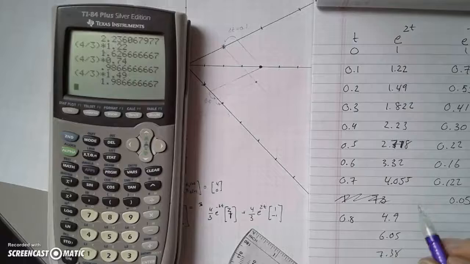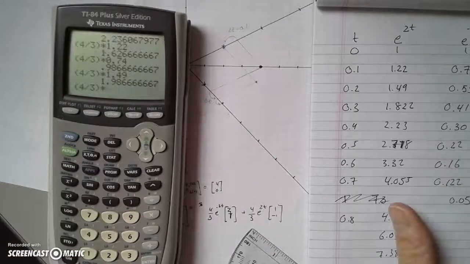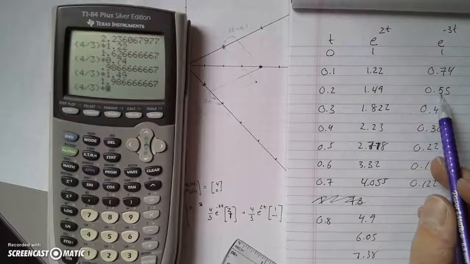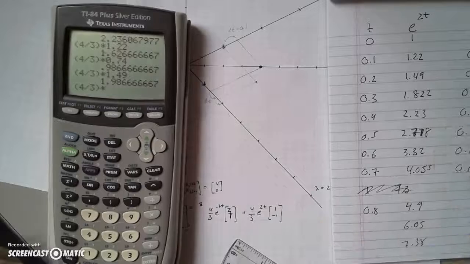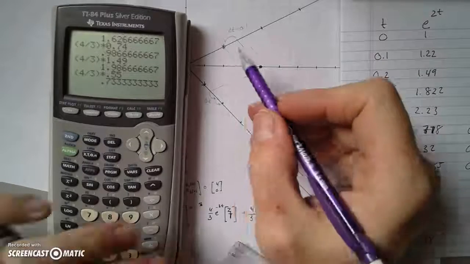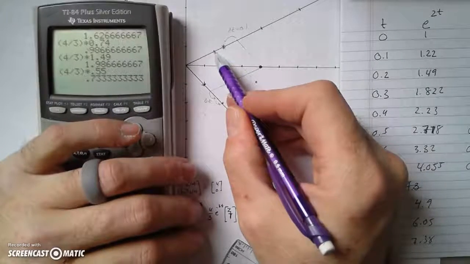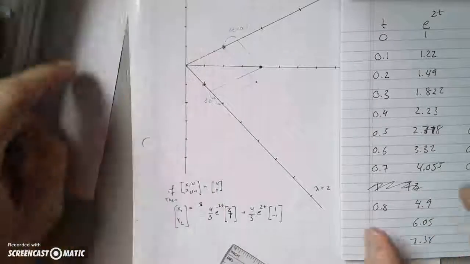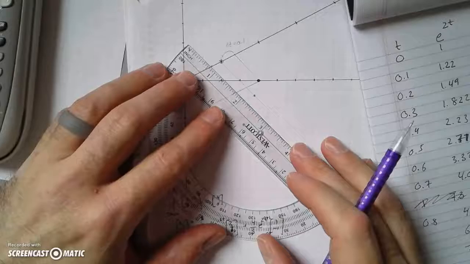Right? And then 4/3 times, at 0.2, e to the minus 3t is about 0.55. That's about 3/4. So, you know, maybe about there. Not quite. So we can again do a parallelogram law, find out where the vector is then.